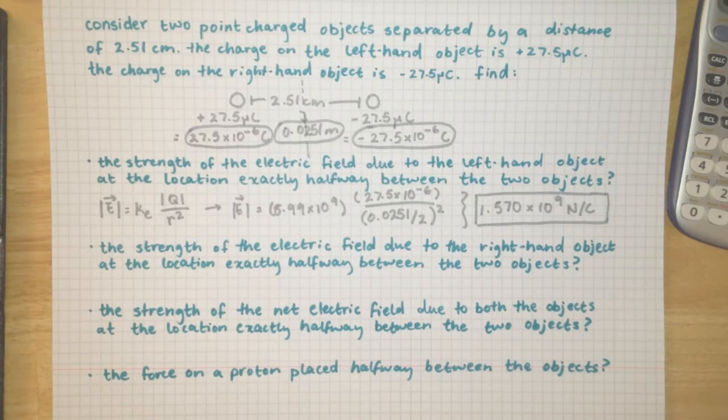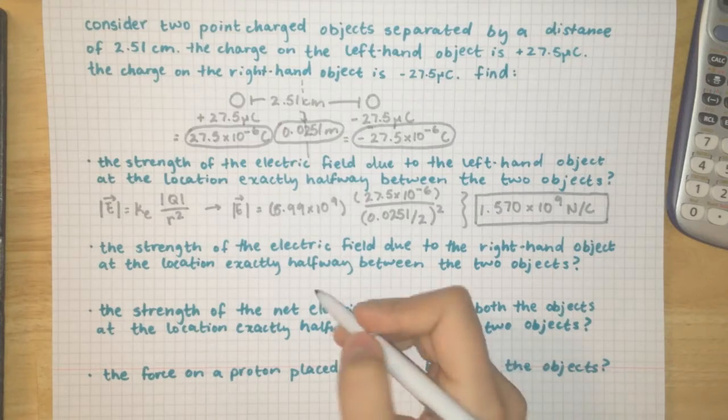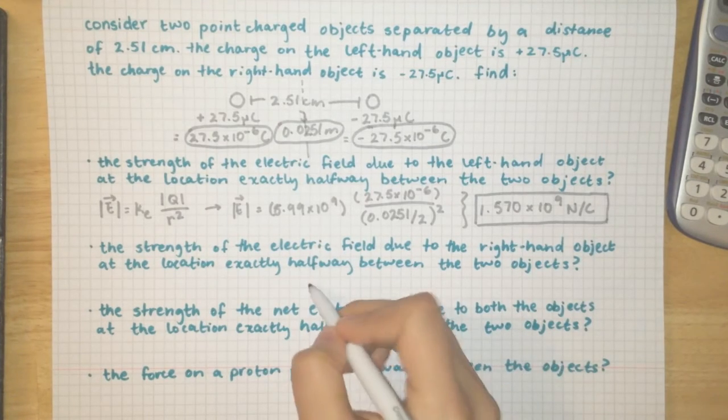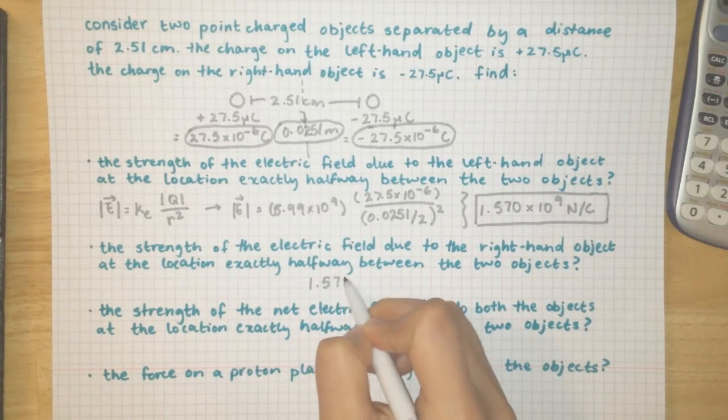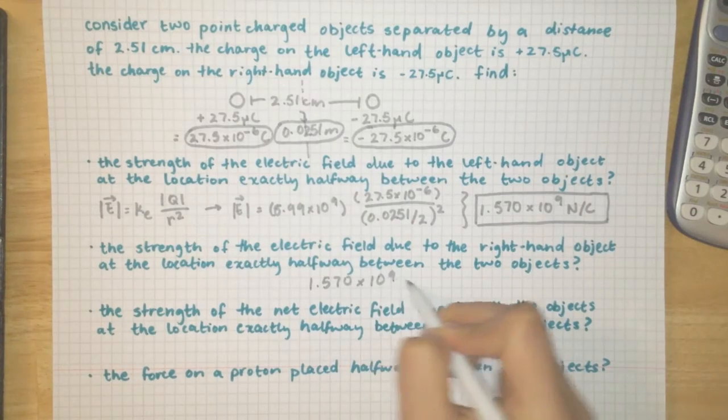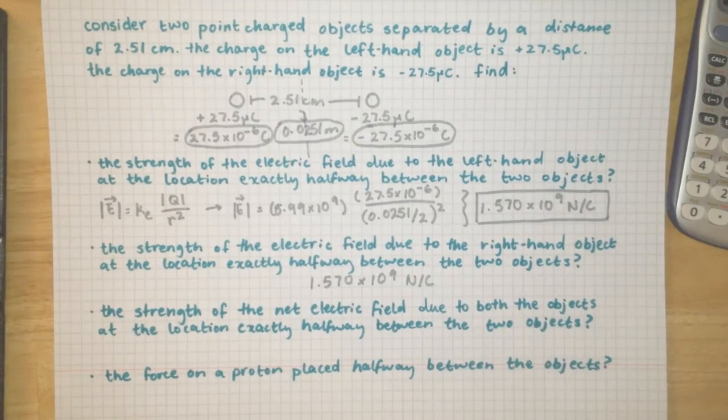That means that it doesn't matter if it's positive or negative, and since both of them have the same magnitude of charge, just opposite signs, it'll just be the same number. It'll be 27.5 times 10 to the negative 6th, and the rest of the numbers will be the same. So the strength of the electric field due to the right-hand object is just the same. The answer to this one will be the same as the answer that we just got for the previous one. So 1.570 times 10 to the ninth newtons per coulomb.